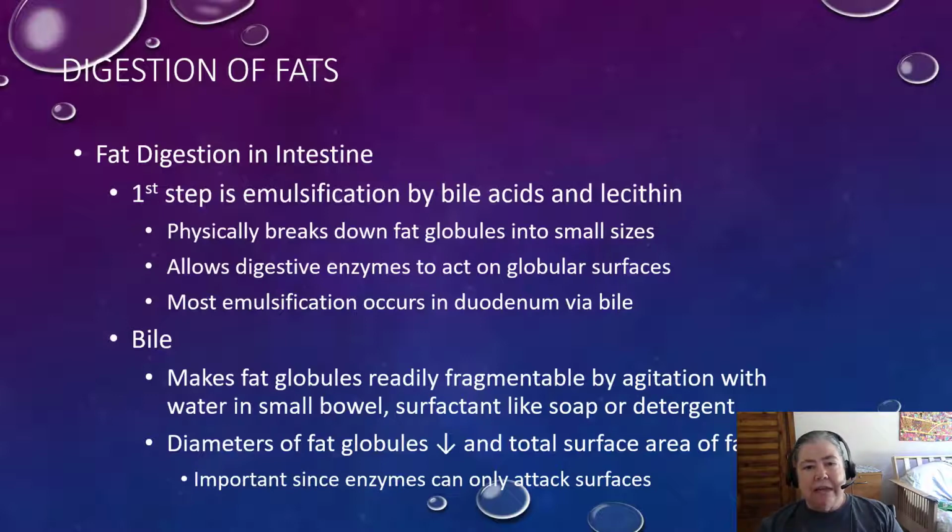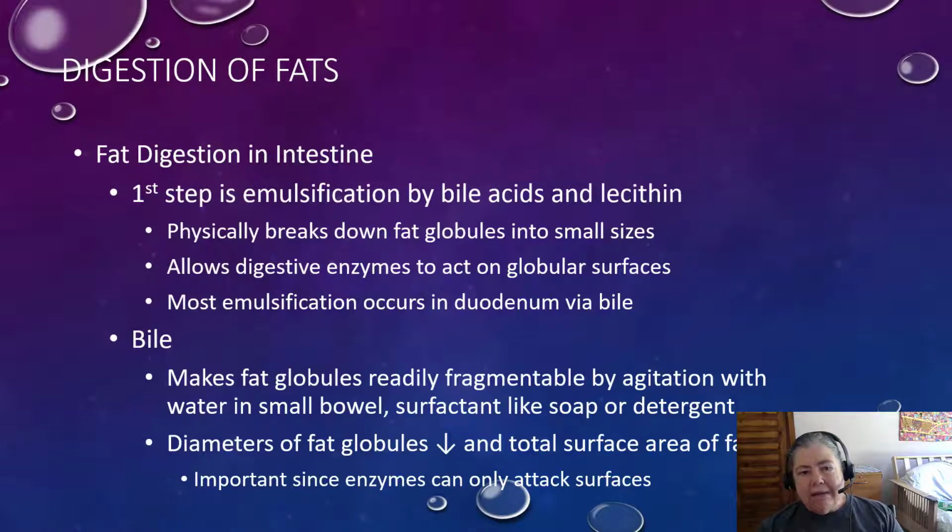They function as surfactants that, along with the mixing that's occurring in the small intestine, physically break down the larger globules of fat into smaller globules, increasing surface area and allowing the digestive enzymes that are also being added to the chyme to act on the surface of those little globules. The vast majority of this mixing emulsification from the surfactants, bile acids, and lecithin occurs in the duodenum.